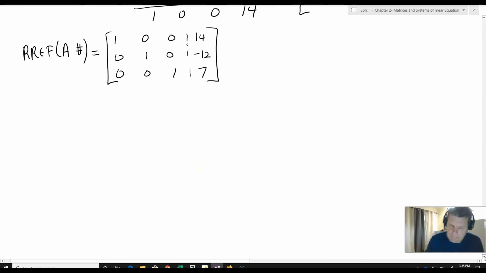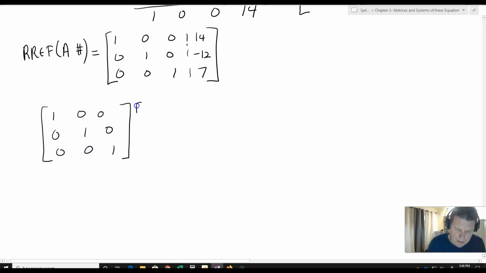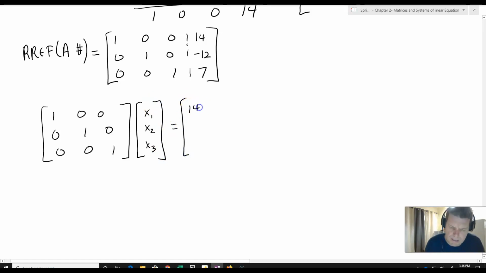Okay. Great. Now what we need to do is figure out what this means. Well, if we expanded it out, we'd end up getting 1, 0, 0, 0, 1, 0, 0, 0, 1 times x1, x2, x3 equals 14, negative 12, 7.